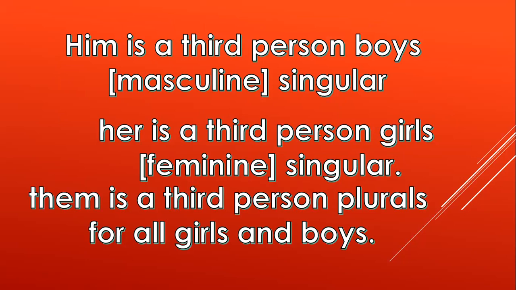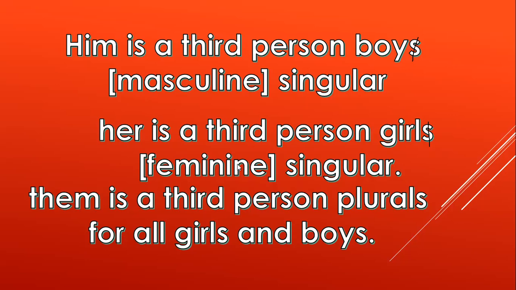We use her as a third person for girls, and this is singular. You don't use it for plural, okay? If there is one boy, you can say him. If there is a singular girl, you can say her. And here you have plurals, that is, you can use them for girls and boys. Now see how you use this in your book.